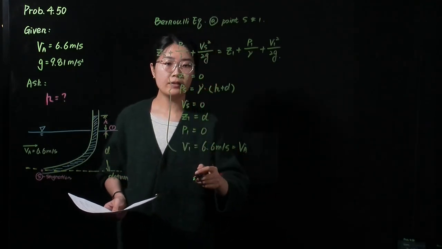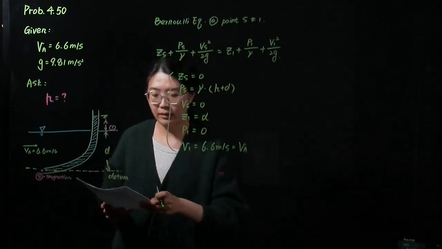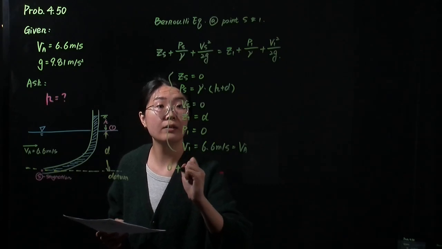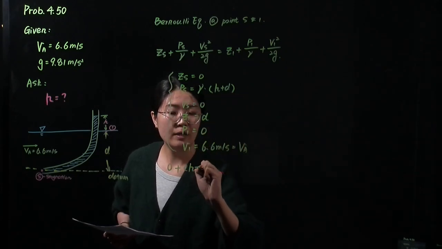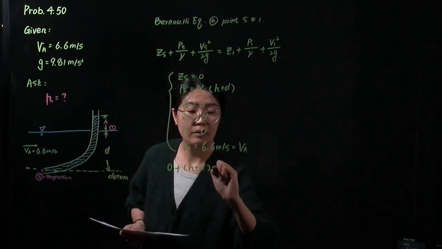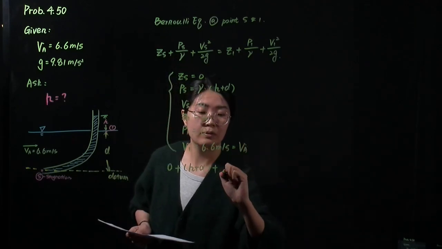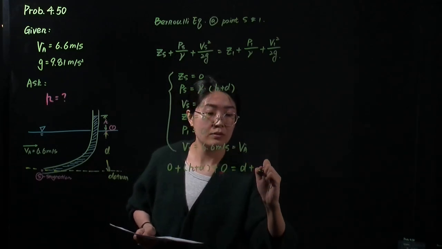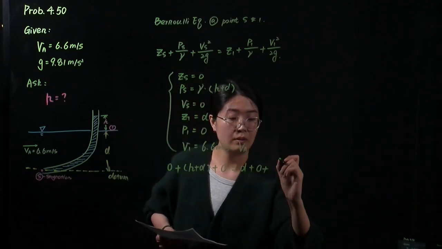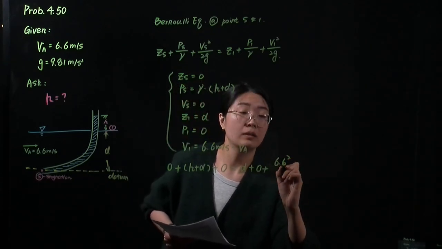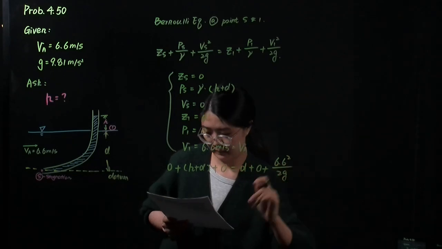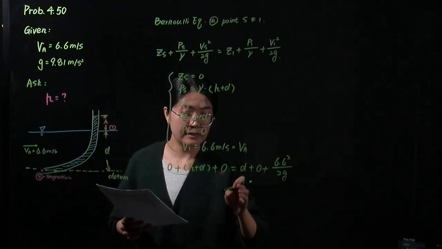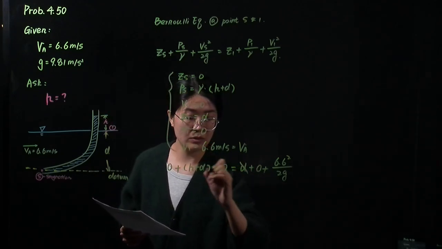After we bring all these values into the Bernoulli equation, on the left-hand side we get 0 plus h plus d plus Vs, which equals 0. On the right-hand side, z1 is d, plus 0, plus 6.6 squared divided by 2g. g is 9.81, and d can be cancelled here.